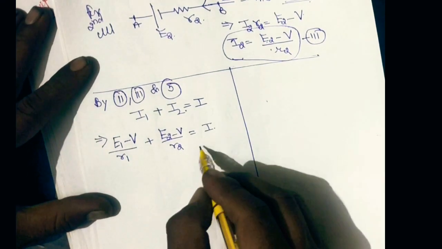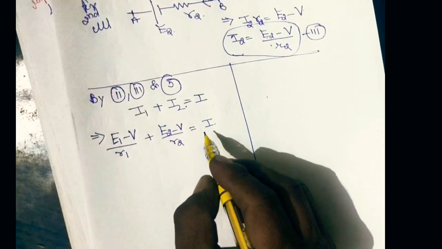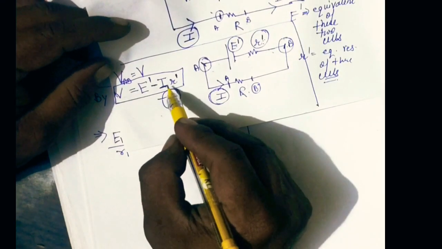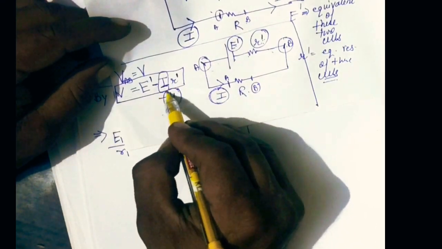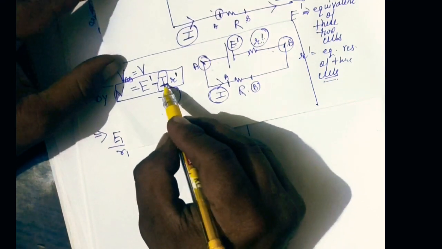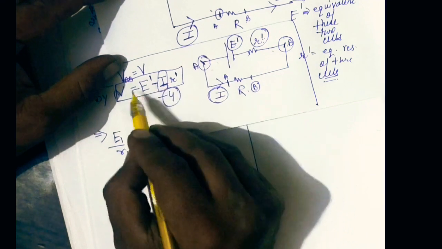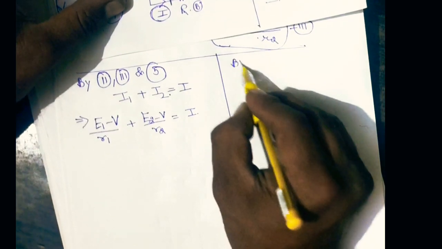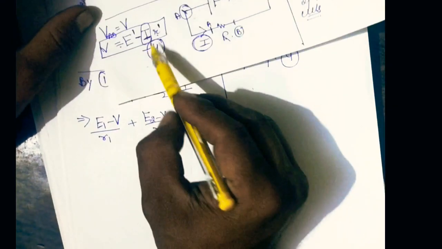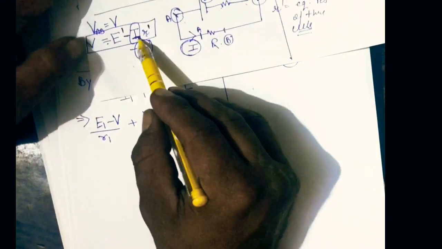Now I will rearrange it. Look at this equation, it also contains a term of I. I will rearrange this equation and isolate I directly. By equation fourth, let me isolate this term I. How will I do it?